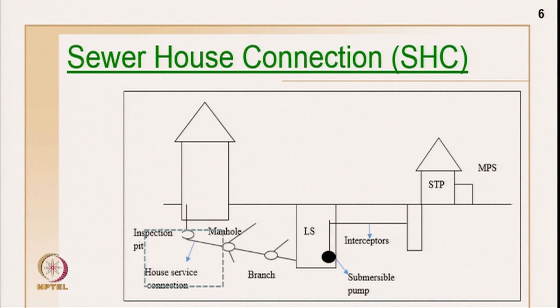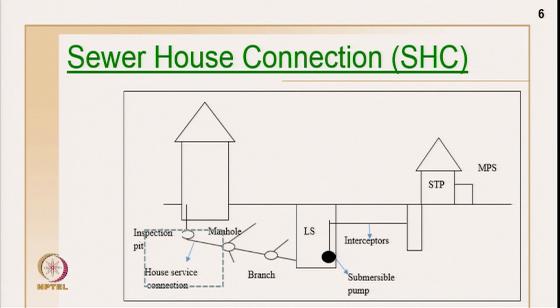I have a main pumping station, and a sewer treatment plant. STP stands for sewer treatment plant and MPS is for the main pumping station. I have interceptors as shown here, and there are lifting stations also. There are pumps for pumping up the collected sewer, and there are branches from the houses, and inspection pits, from where connections are all happening.